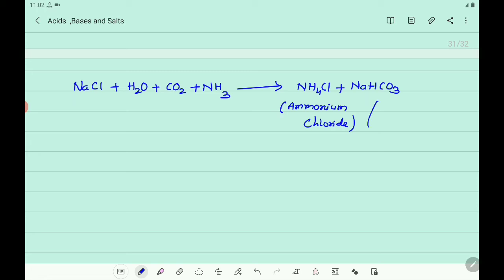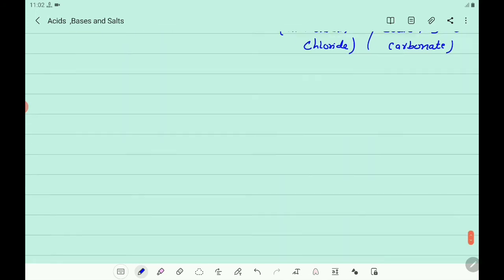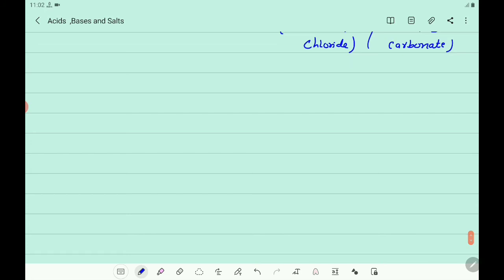This is sodium hydrogen carbonate. If you check the pH of sodium hydrogen carbonate, you can verify that it is a mild basic salt, and it can be used as an antacid.